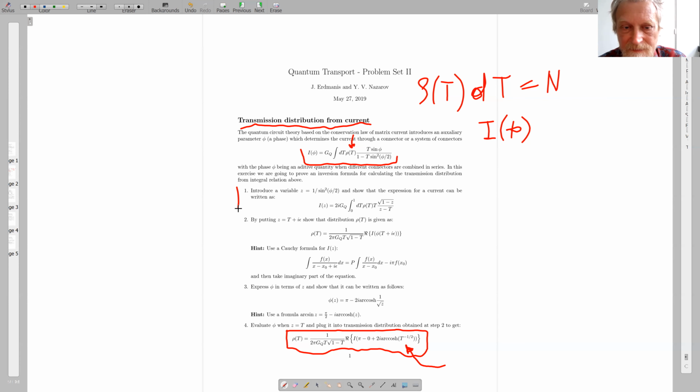Second is applying the Cauchy formula. And finally, some polishing, some convenient rewriting of this formula. All right, so this is the formulation.